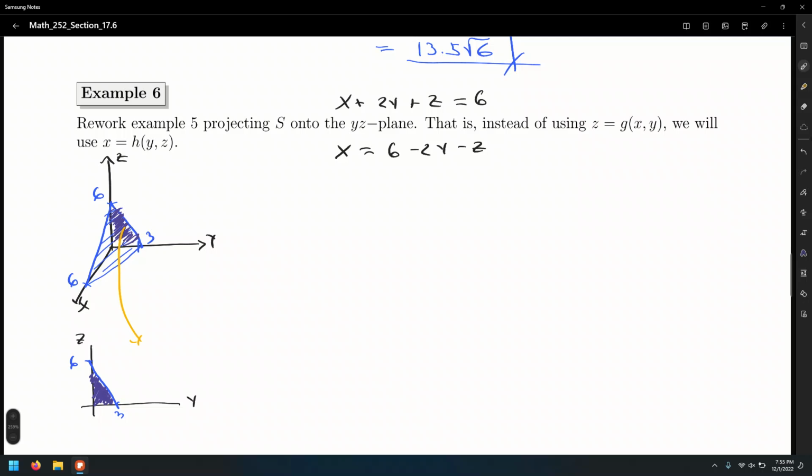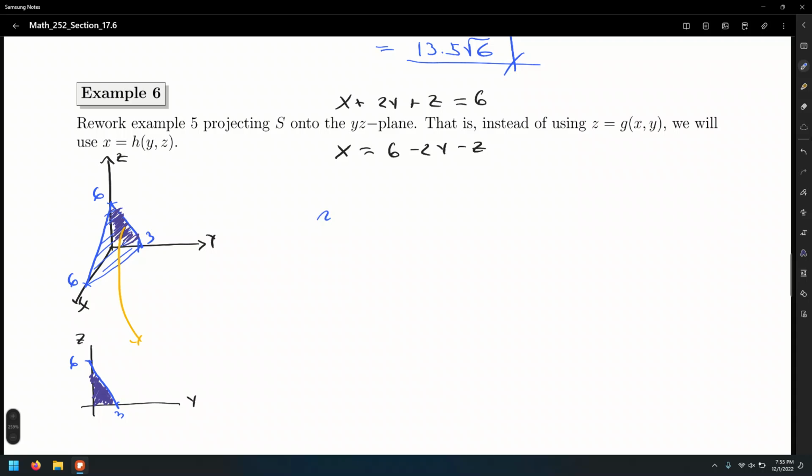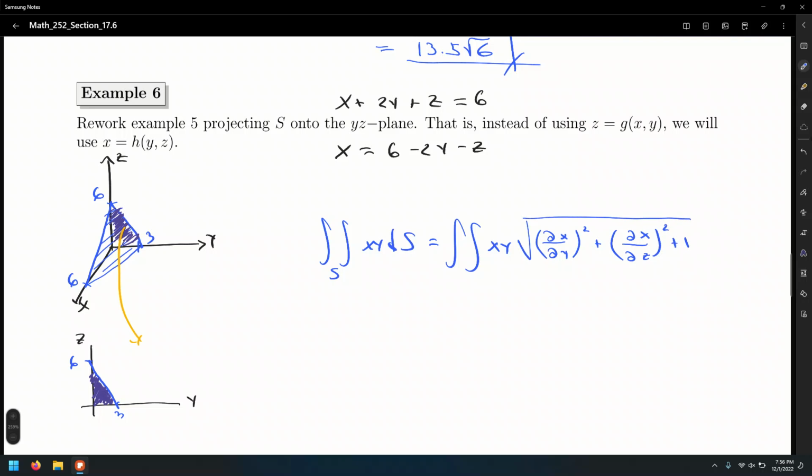Let me set up the formula first so you can get a better visual: the double integral over S of x y dS, which is the double integral of x y times the square root of the partial derivative of x with respect to y, quantity squared, plus the partial derivative of x with respect to z, quantity squared, plus 1, dA, over the region R.